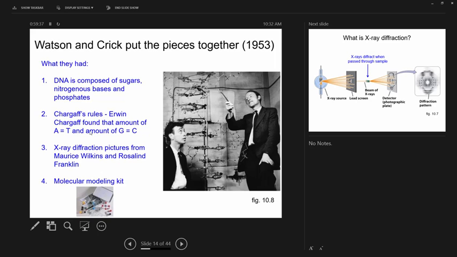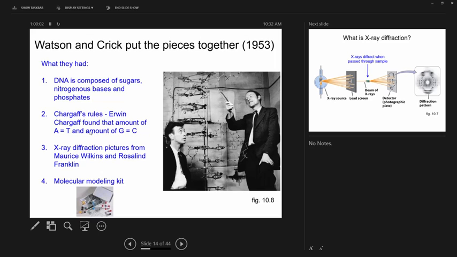A scientist named Erwin Chargaff took DNA from a whole bunch of different species and was able to chemically analyze it to find out the percentages of each of the four bases present. He found that in different species, the percentage of the different bases varied, sometimes tremendously.